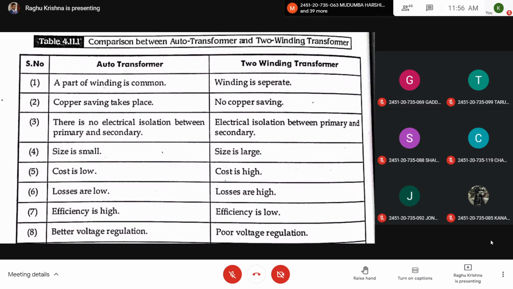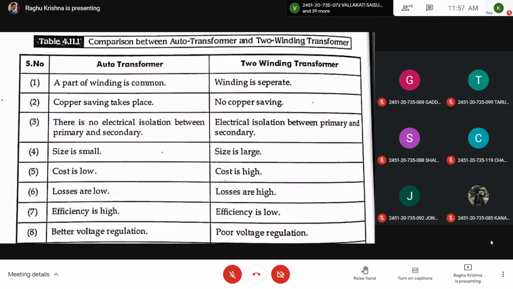Second point, copper saving takes place. In two winding, no copper saving. Third point, there is no electrical isolation between primary and secondary in an auto transformer. You have already seen there is no electrical isolation. But in a two winding transformer, there is electrical isolation between primary and secondary.